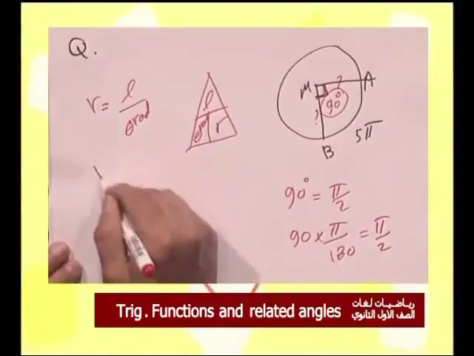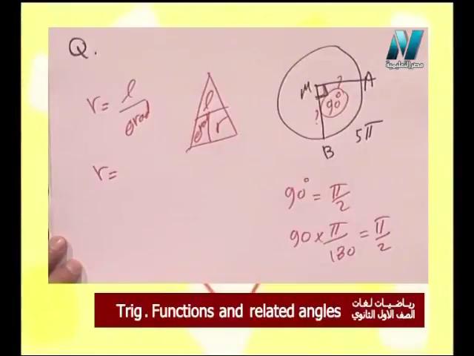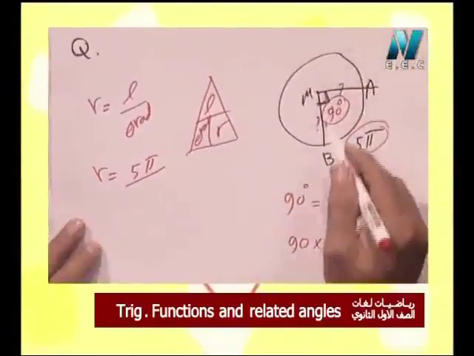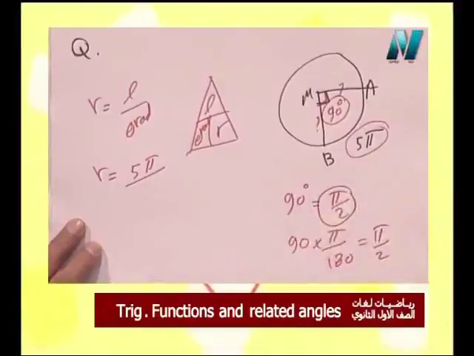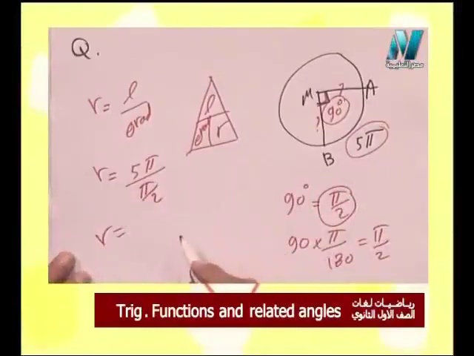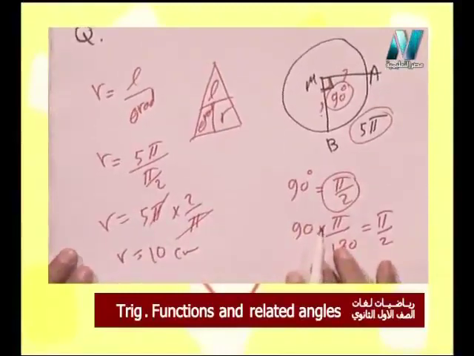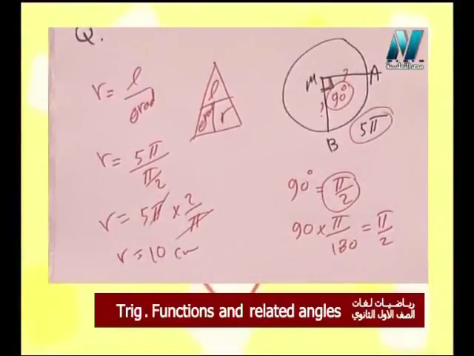So the radius here equals L, which is 5 pi, over theta rad, which is the central angle here, which is equal pi over 2. So the radius equals 5 pi times 2 over pi, cancel pi with pi, will equal 10 centimeter. So the radius here equals 10 centimeter.